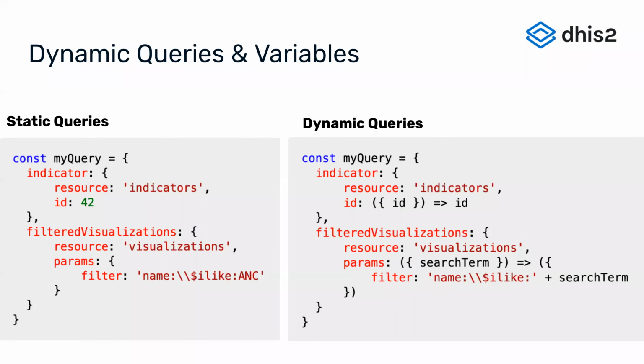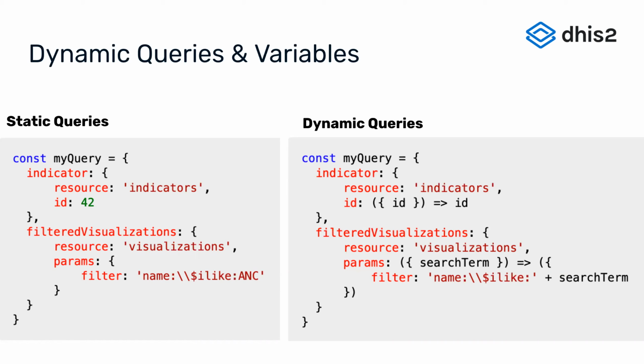So if you look at the params property or field of the filtered visualizations query, you have another function which takes an object, which is the variables object. And this time we're passing the variable search term, and we're using that instead of ANC when we're generating that filter.